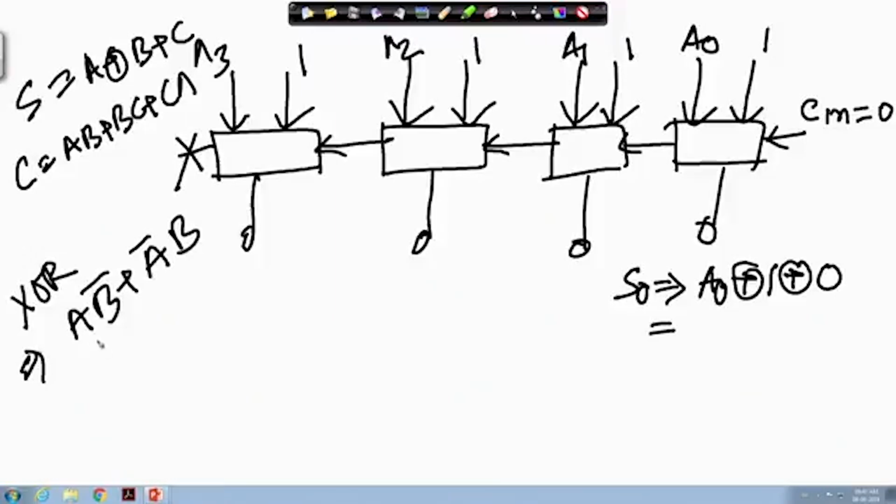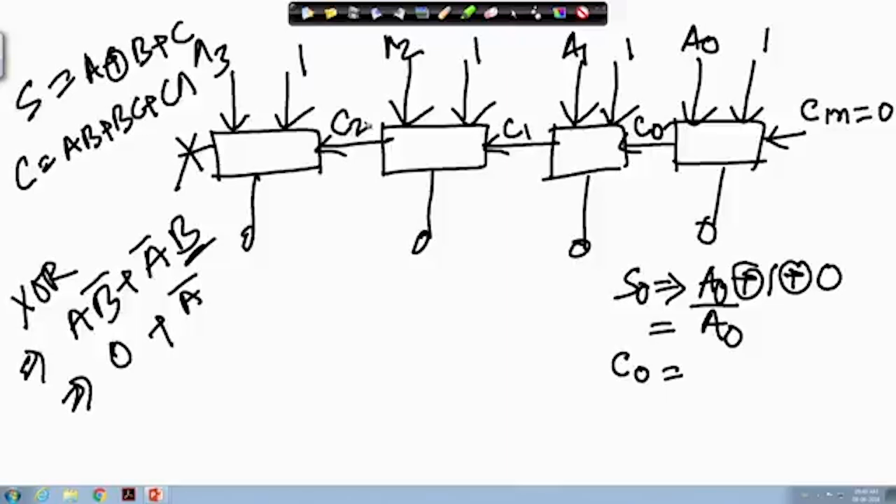If I fix B as 1, then this term is 0 and with B as 1 it becomes A bar. So, if any input is fixed to 1, you get the inverted value at the XOR gate output. So now it will be A0 bar, and we have to find C0, C1 and C2.